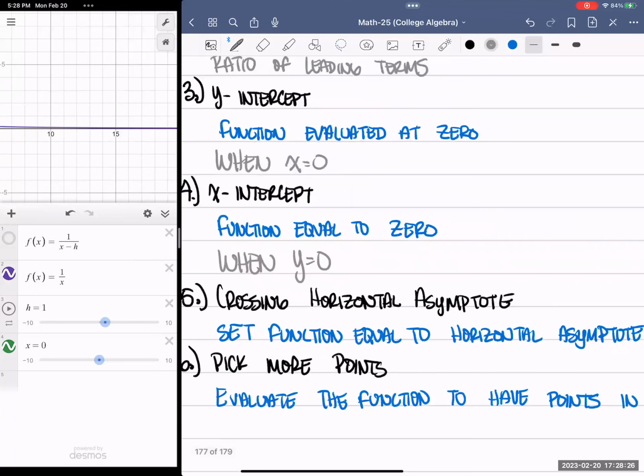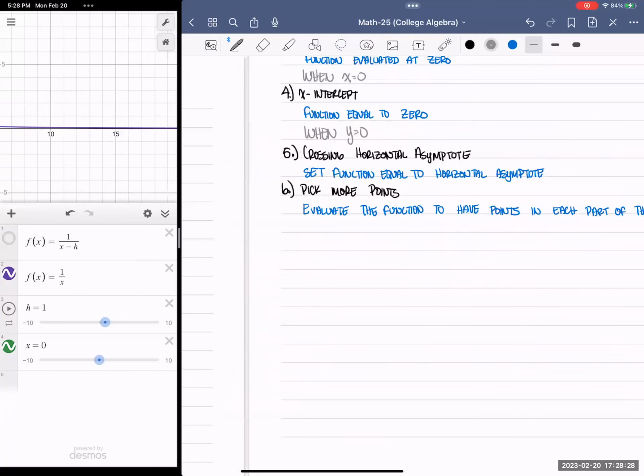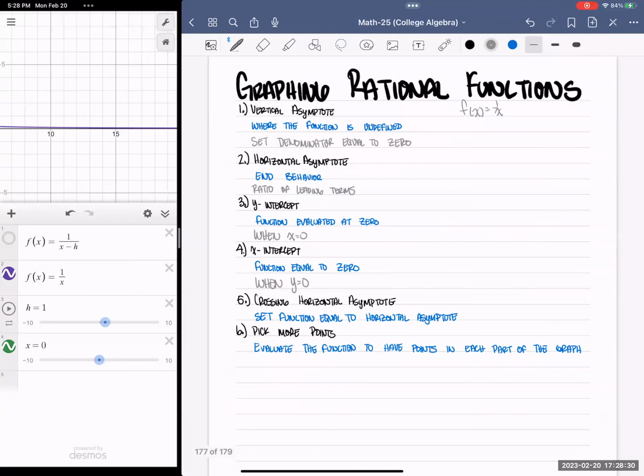Then I mentioned that we might cross some of the asymptotes. Let's take a look at our options. For the vertical asymptote, we set the denominator equal to 0, so what we're looking for is where the function is undefined. When the function is undefined, we will never actually end up there, so we'll never cross our vertical asymptote.